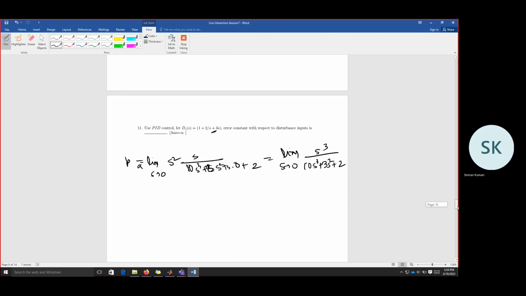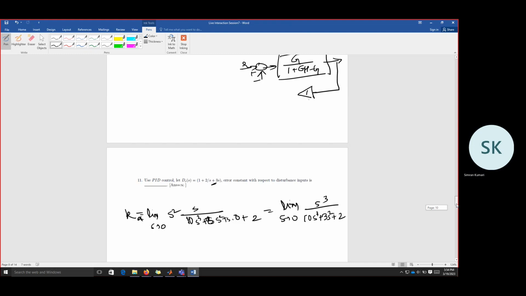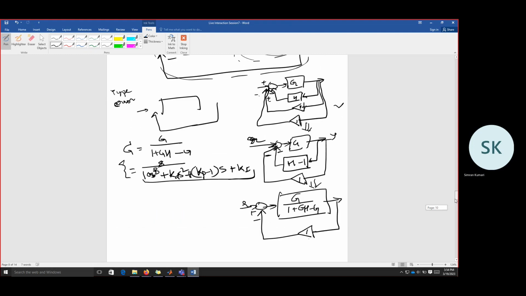Okay. So what can you say about this K, like parabolic error, or we can say acceleration error constant? From this, it should be 1 by 10. Okay. So that means we have done some mistake earlier. If you see this G, 1 plus GH minus G, what is the value of G? 1 by Js square.